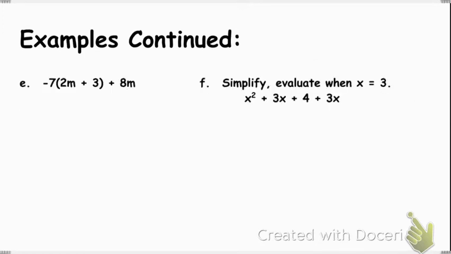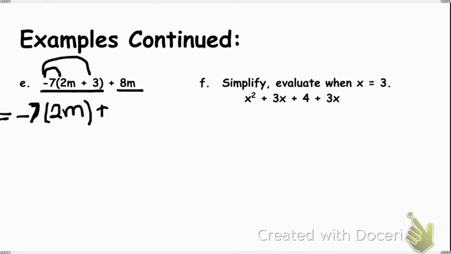So example E, here is the only thing we need to distribute because our 8m is not included inside the bracket. So we're going to distribute the negative 7 to the 2m and the negative 7 to the 3. That's going to give me negative 7 times 2m plus negative 7 times 3 plus 8m.